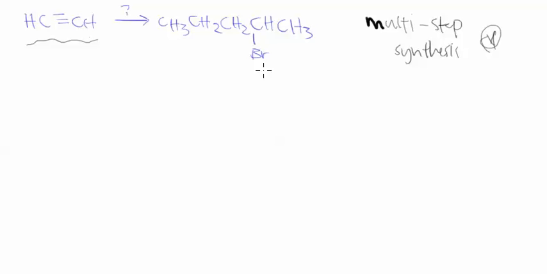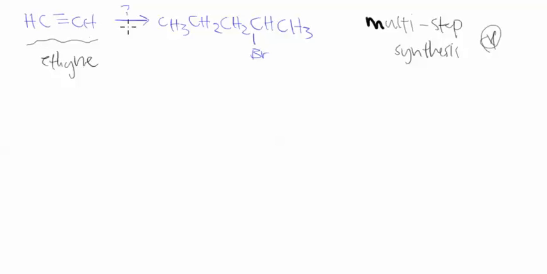So it is very complicated, and we're going to have to do more than one example, of course, to feel comfortable with it. So here is another example of a multi-step synthesis problem, and let's take a few minutes and work through it. Here we're given a problem, and it looks like we're starting with ethyne, E-T-H-Y-N-E, aka acetylene.